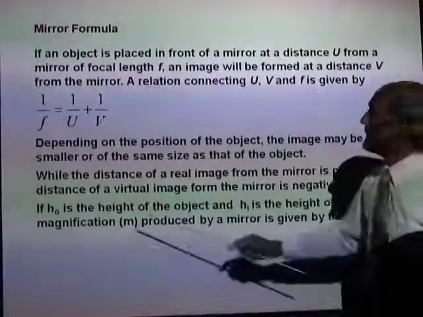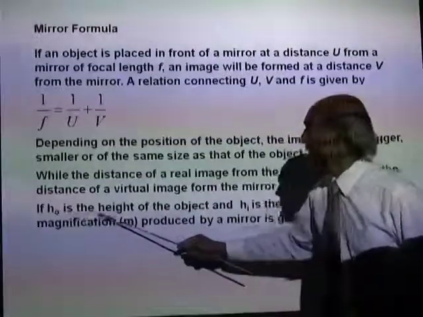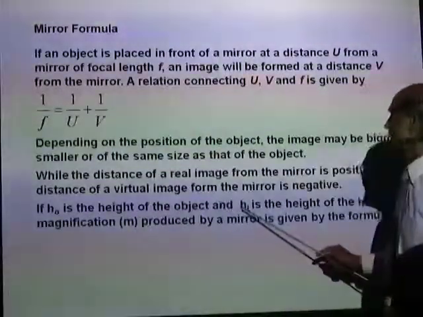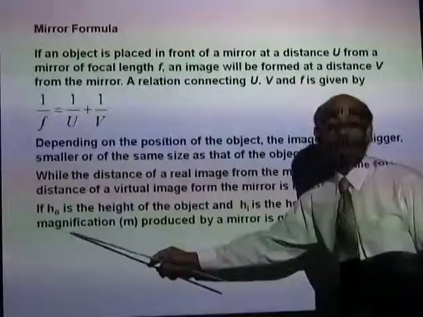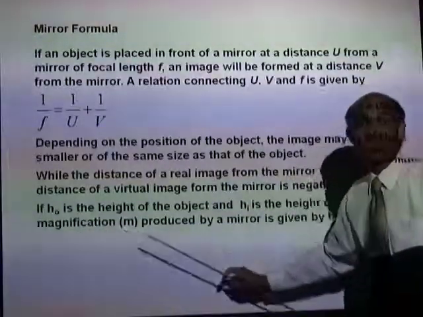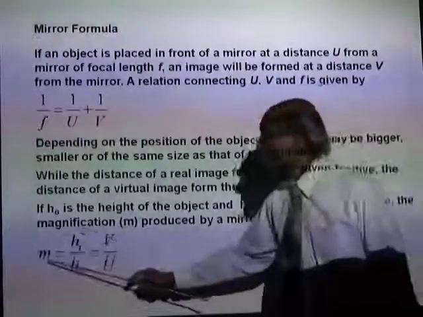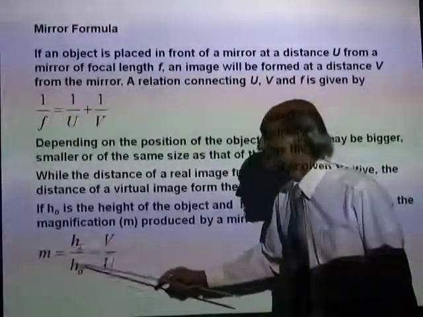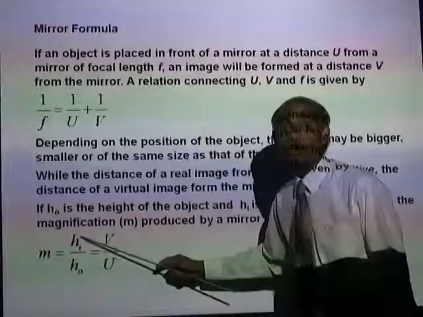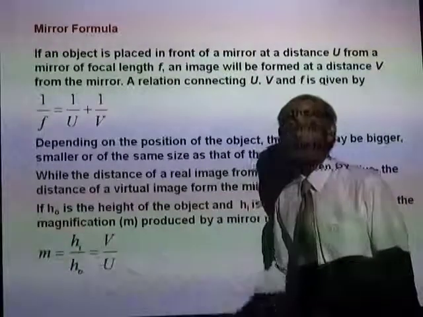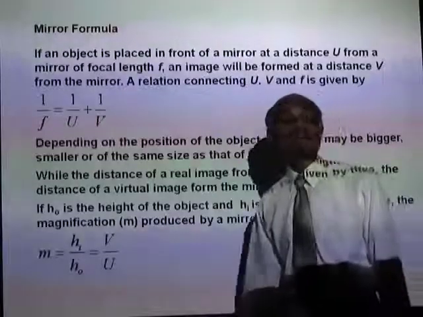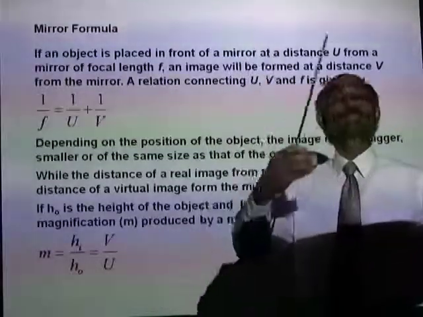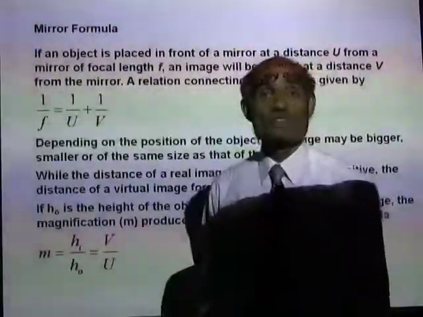If HO is the height of the object and HI is the height of the image, then the magnification produced by the mirror can be written as M = HI / HO, the height of the image divided by the height of the object. That will be the same as V / U, the image distance divided by the object distance.